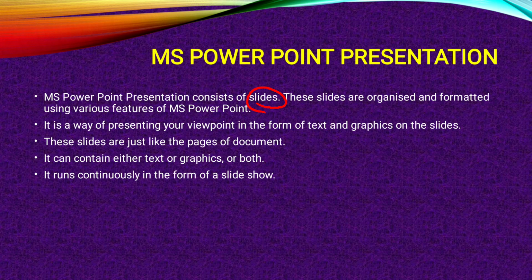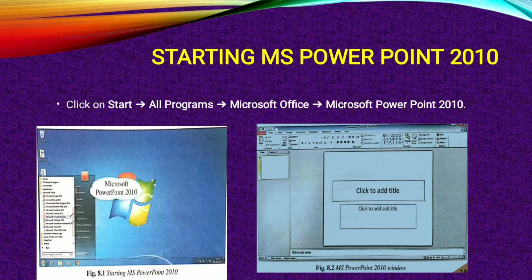It is a way of presenting your viewpoint in the form of text and graphics on the slides. As in a document you write on a page, in a presentation you have to write on slides. For that you can use different kinds of text, graphics, animations, audio, video, etc.